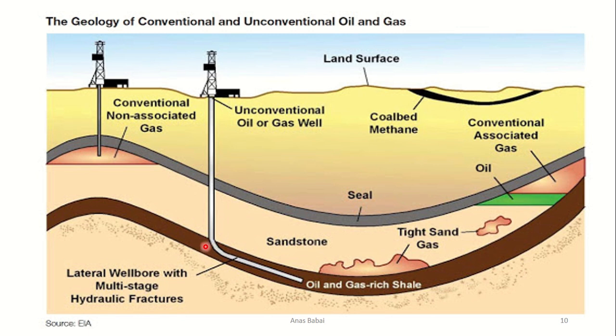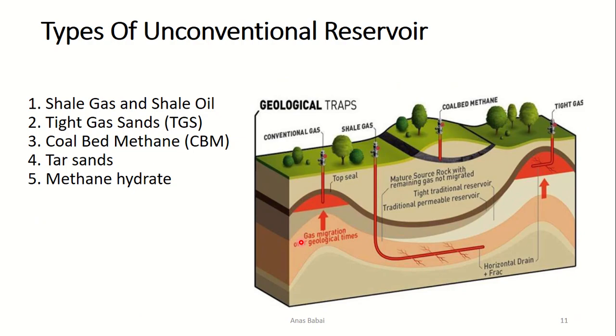Most of the source rock thickness is very low, and in order to capture more hydrocarbon, we go for horizontal drilling through the source rock, and that will ensure a higher rate of hydrocarbon extraction from the source rock itself.